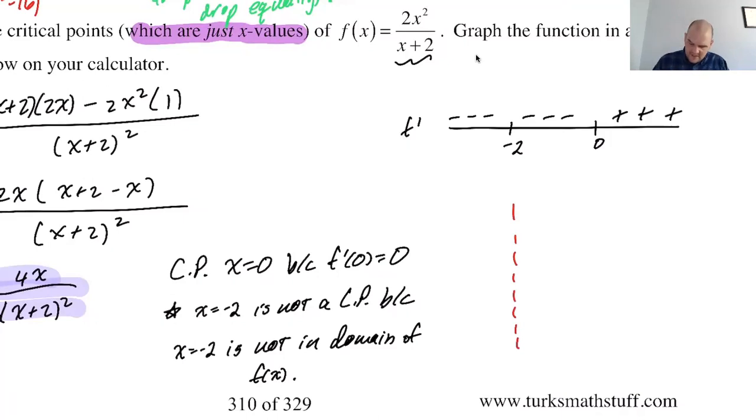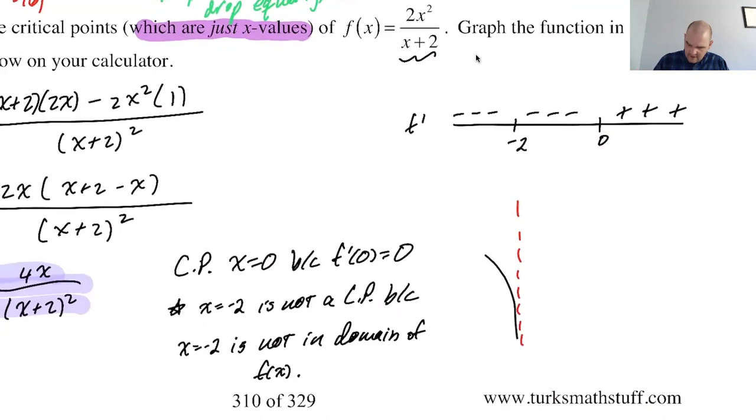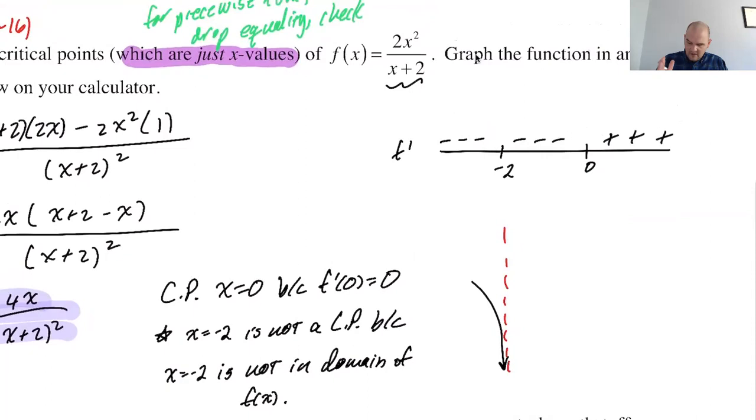Or I could go back to f of x and do a number line for that, which would also be useful. So decreasing, I think it's going to go like this. Decreases after that also. And then at 0, you're going to have this. And then you're going to go like this.